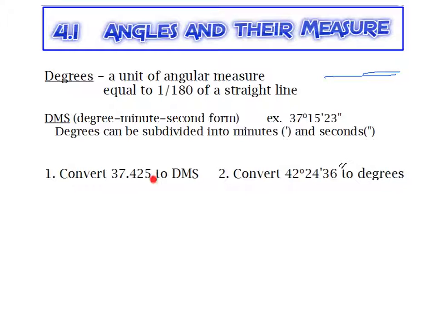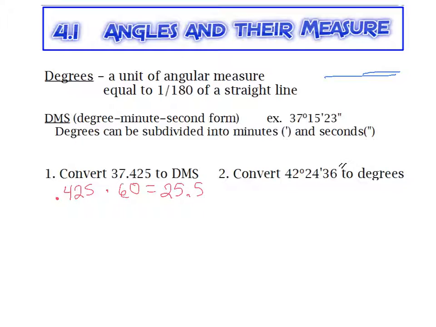The way to figure that is to take this decimal value, 0.425, and multiply it by 60. That is 25.5. Remember, we said a little bit less than 30. What that means is that I have 37 degrees and 25.5 minutes.